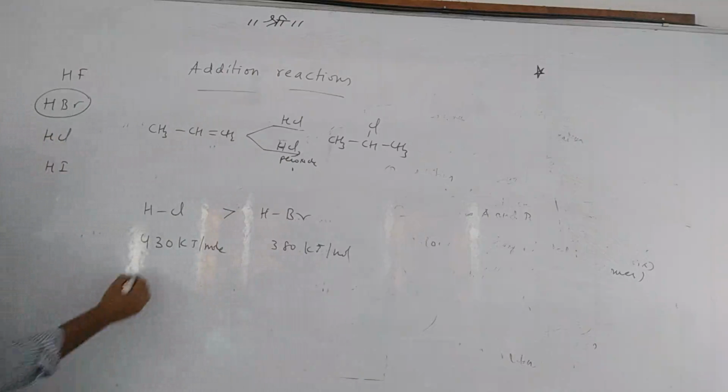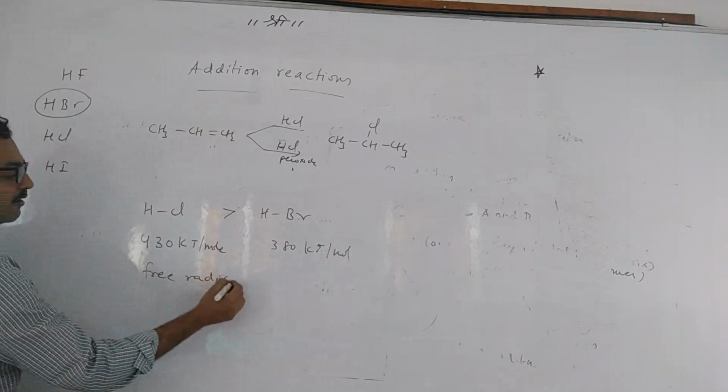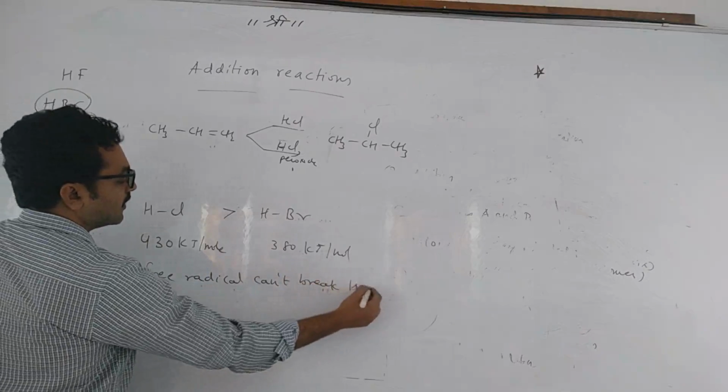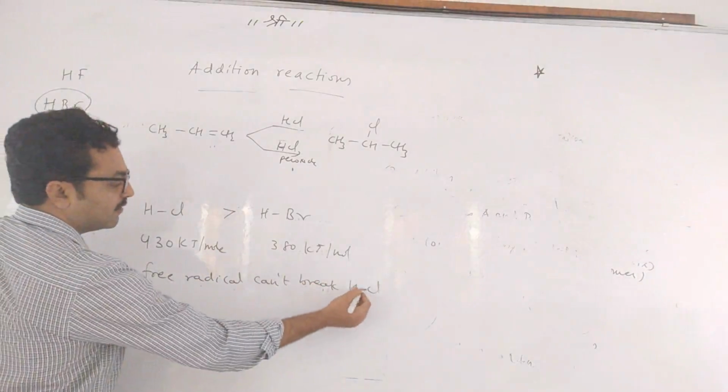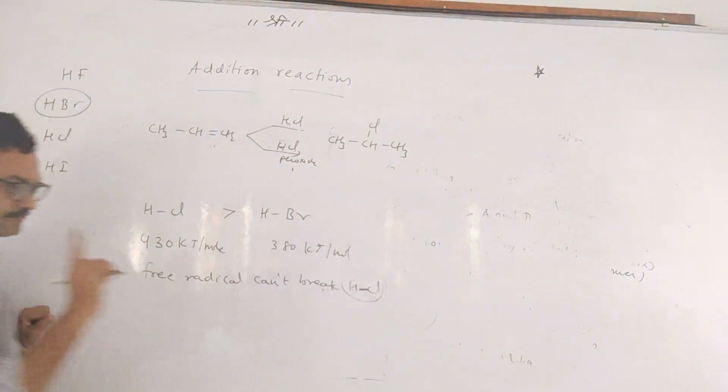So the free radical cannot break this HCl bond. That is why the radical mechanism does not take place. Can't break HCl. This is the first reason.